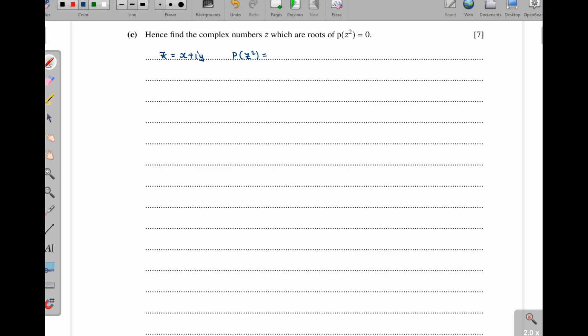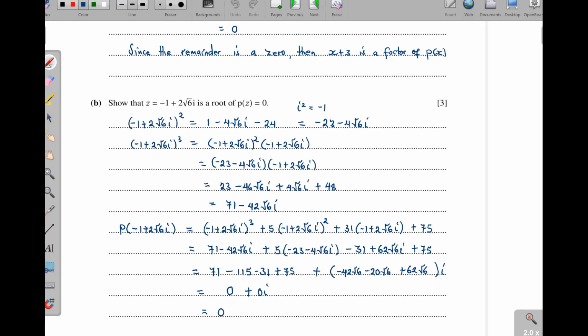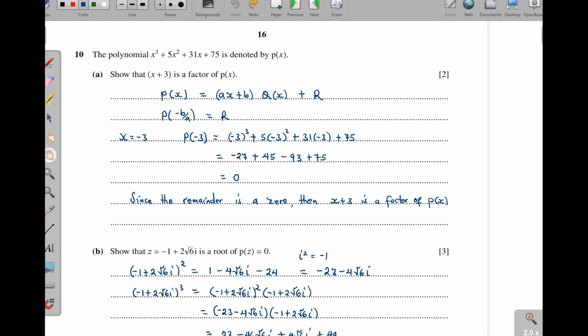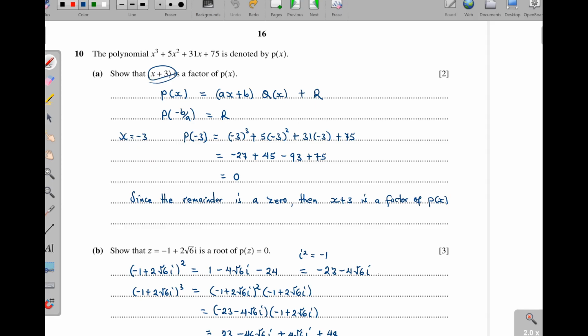Okay, now the fact that this one here is a root, no, they have talked about z squared. So if this one is a root, that means its conjugate is also a root. Are we there? Its conjugate is also a root. And also from here, they also gave us this one here, x plus 3.